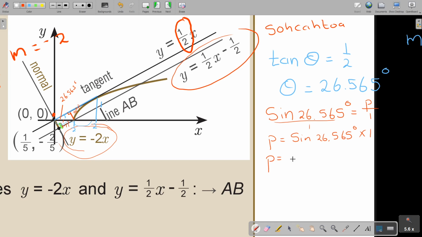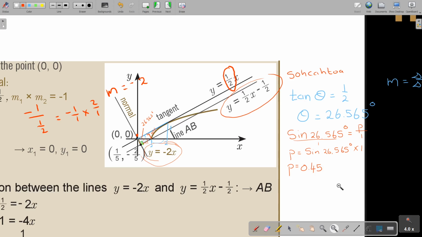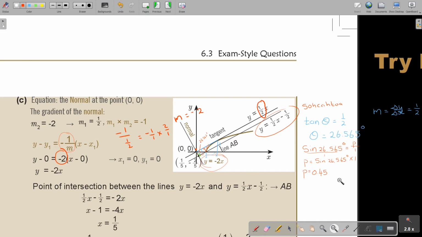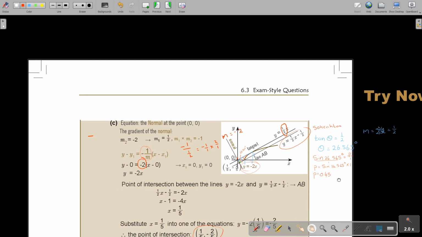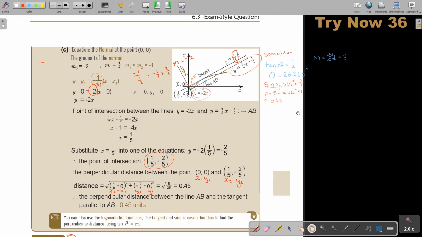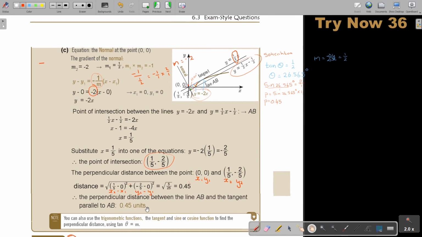If I approximate it to 2 decimal places like in the previous example, I get p is 0.45 units. So therefore, the perpendicular distance is 0.45 units.